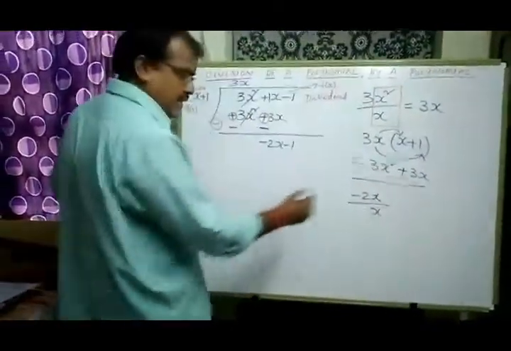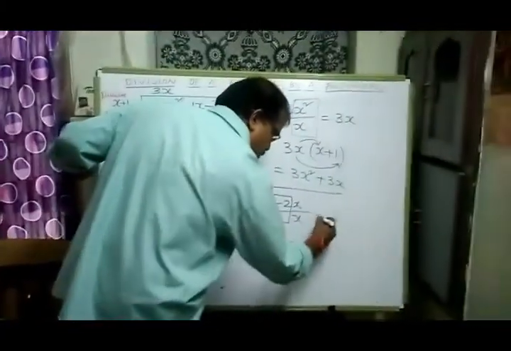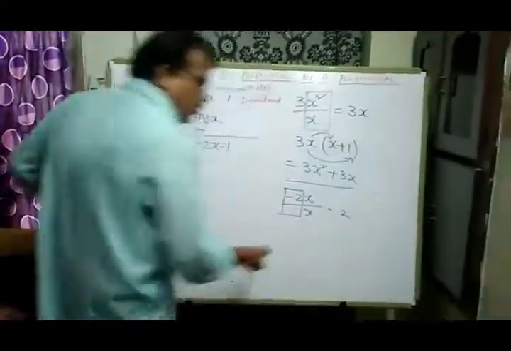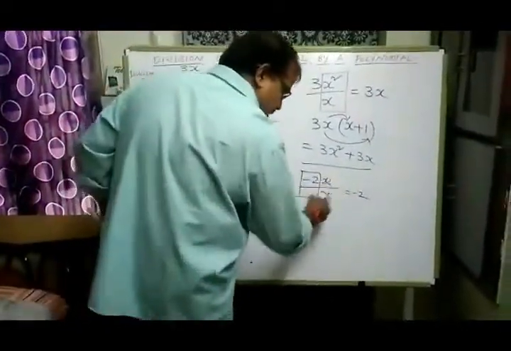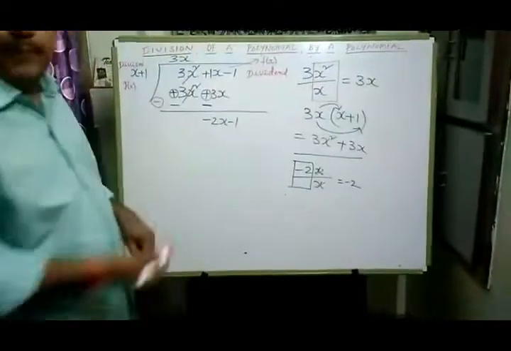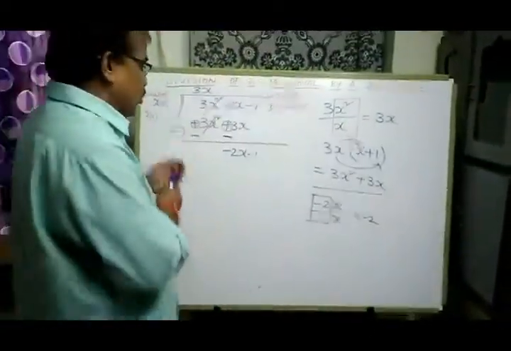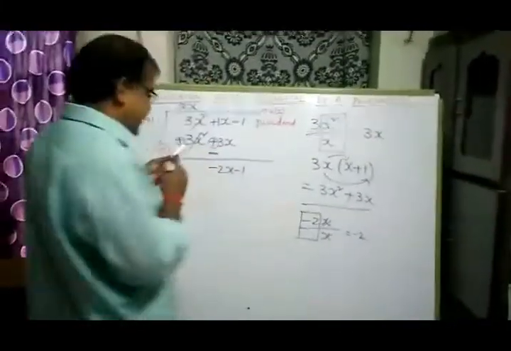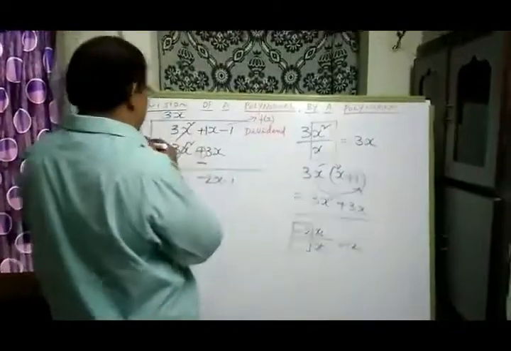Minus 2x by x, so minus 2 by 1 is equal to minus 2. X by x is equal to 1, x and x will be cancelled. Otherwise you can apply the exponential law, even then you will get 1. So minus 2 is the partial quotient. 3x minus 2.